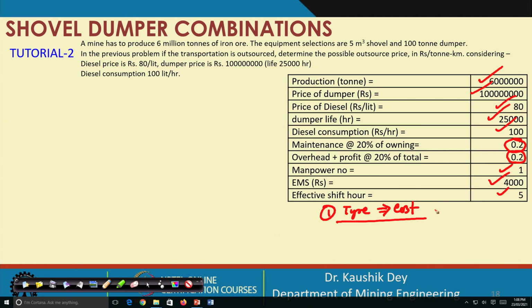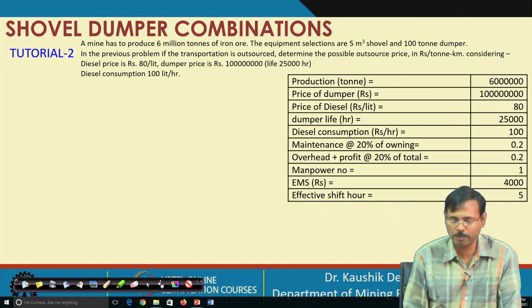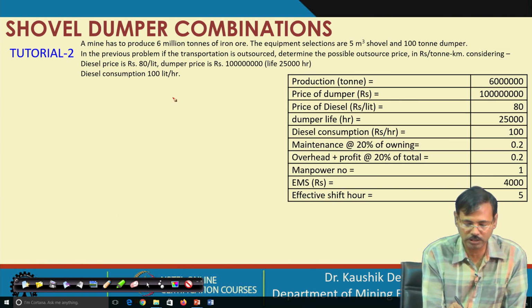So, this is an important factor, there may be some considerations one can take. Second part is that we have not considered interest, we have not considered depreciation, all these are essential components which are not considered in this calculation. So, let us calculate for this. We know we are having first the owning cost.